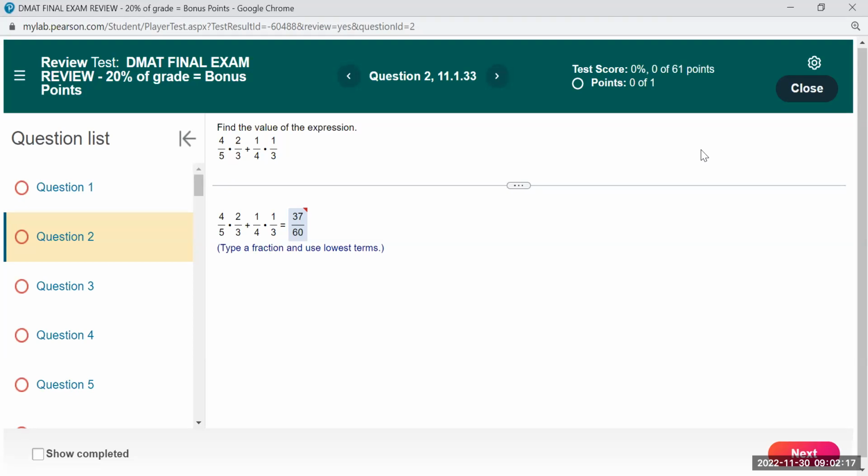Find the value of the expression 4 over 5 times 2 over 3 plus 1 over 4 times 1 over 3.